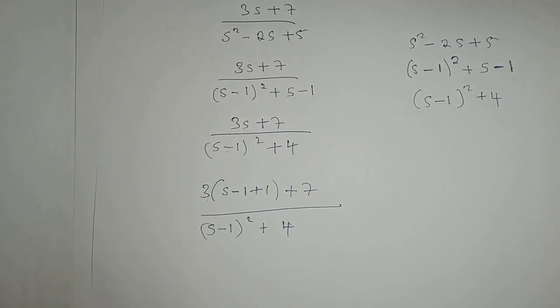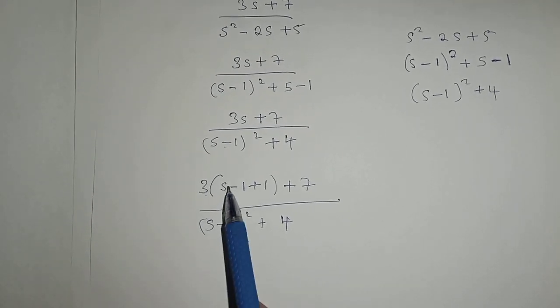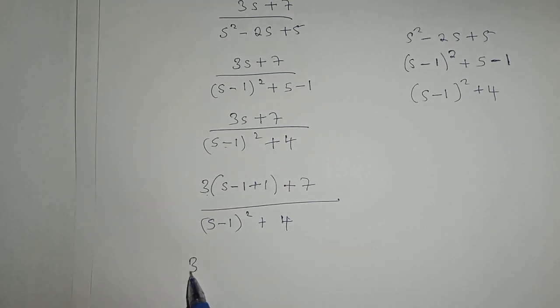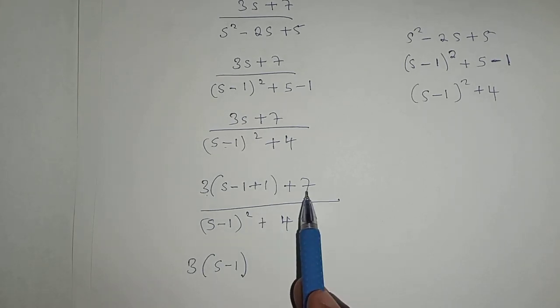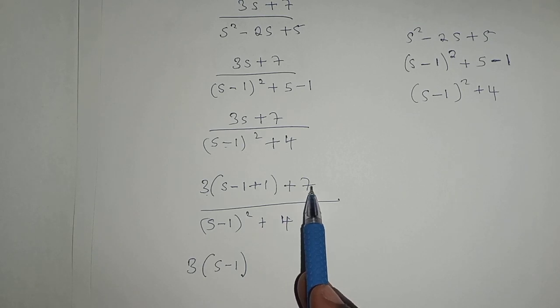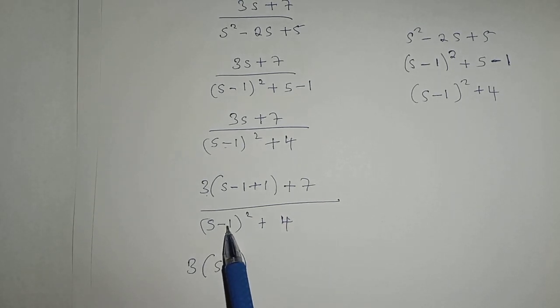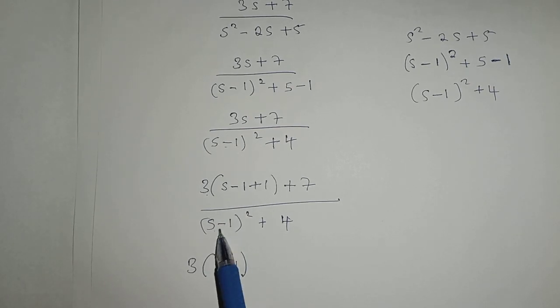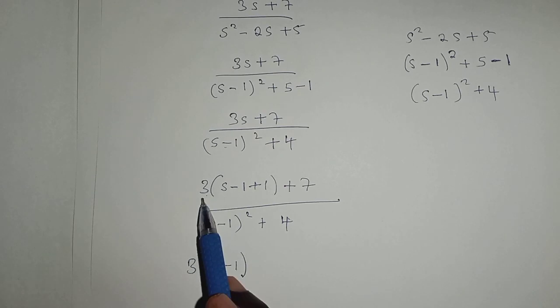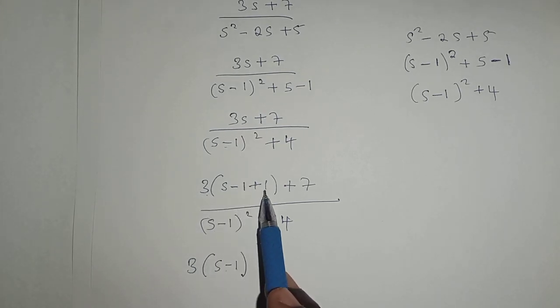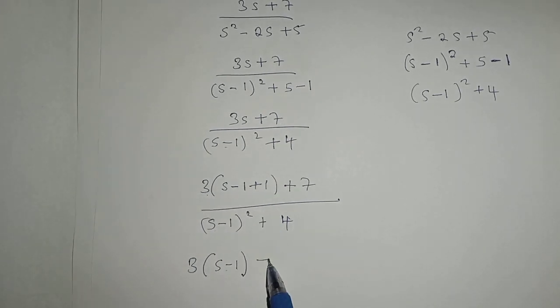At this stage, try to maintain this. So it will be 3, open bracket, s minus 1, close. You see the way it's happening? Now this one will be added to the constant which you have here. We want to match what is here to be the same as what will be here. So this 3 will be multiplied by 1, which is equal to 3.